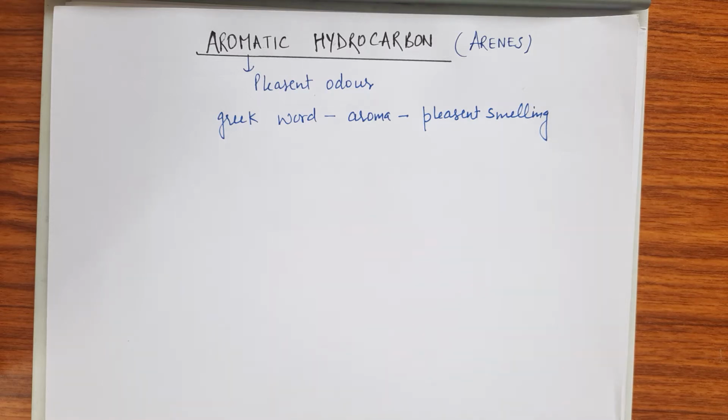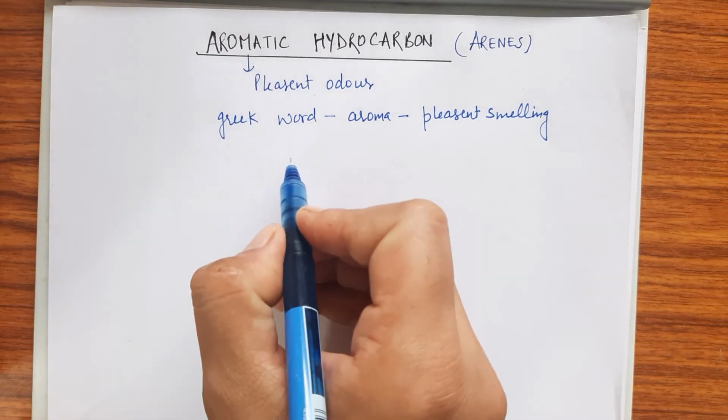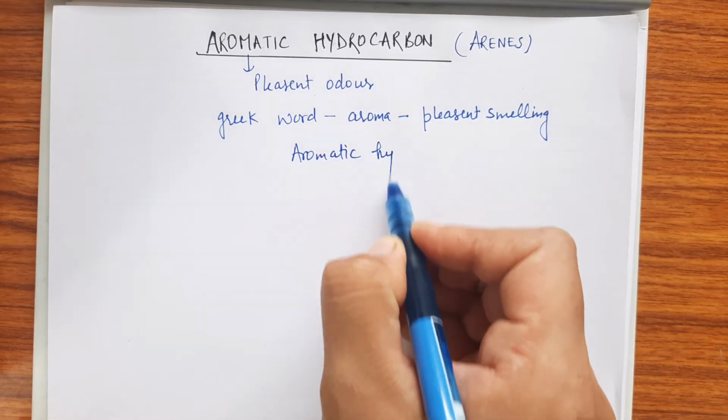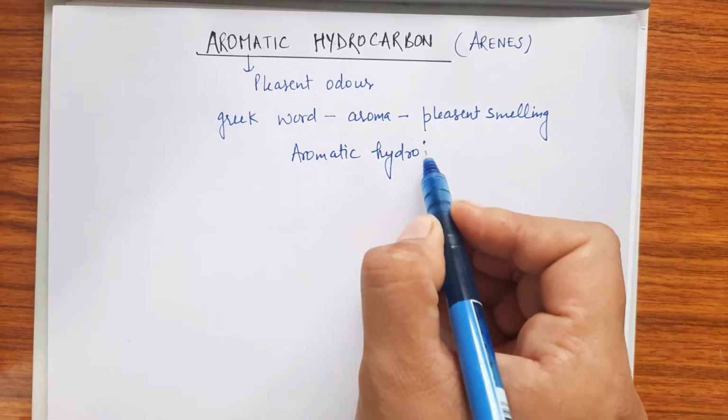They consist of a benzene ring, and there are some more compounds which do not consist of a benzene ring, but still they are aromatic in nature. So we have two types of aromatic hydrocarbons.